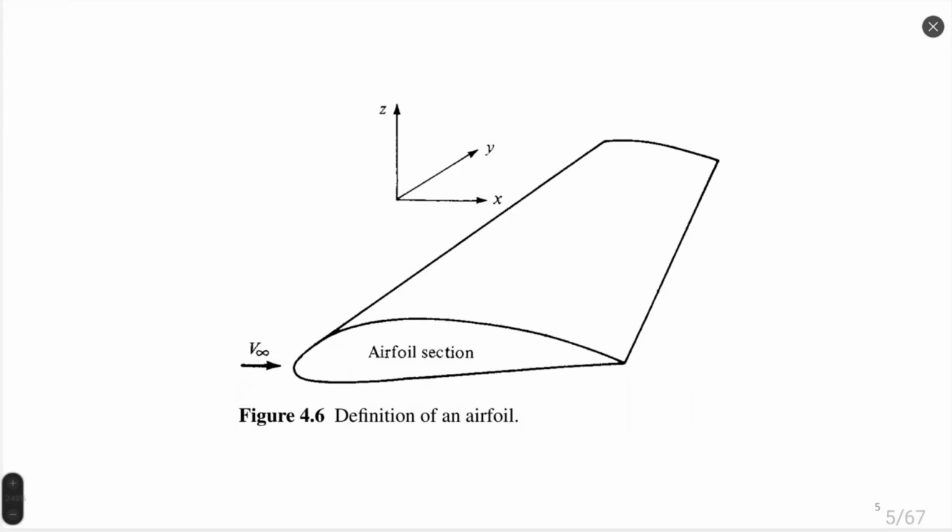Then if we go from airfoil to a wing, we see that an airfoil is just a cross-section of the wing. Of course, a real wing is more complex than just an airfoil. It might also have additional elements to control lift and to control drag. There are flaps, and we will see them in the next discussions.